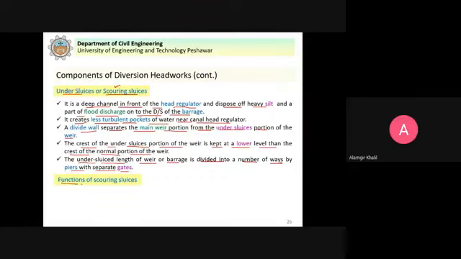So what are the functions of scouring sluices? First, to draw water during dry weather flow. When the water in the river is low, these under sluices or scouring sluices function to draw water during dry weather flow.